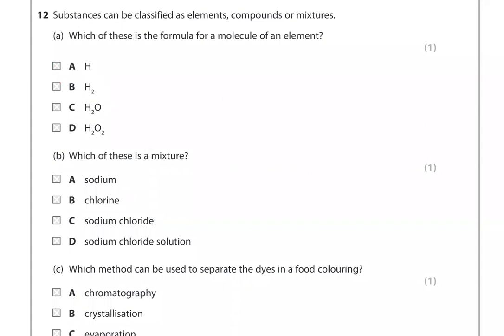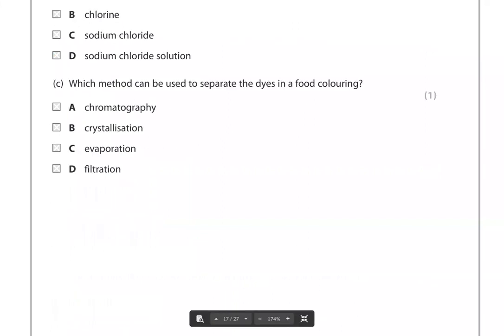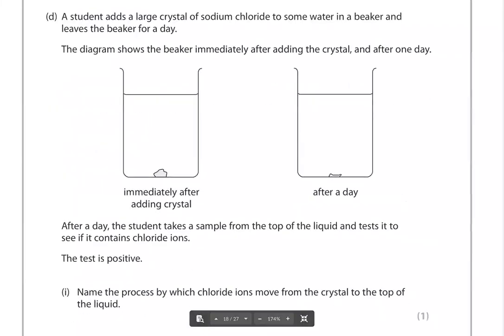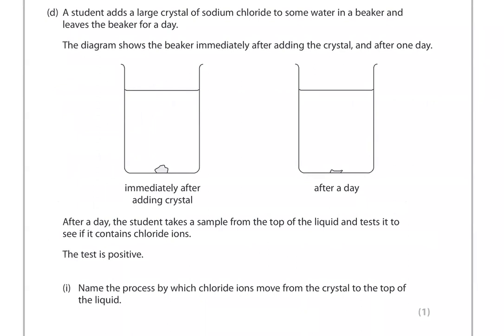Question C. Which method can be used to separate dyes in a food coloring? Chromatography. Question D. A student adds a large crystal of sodium chloride to some water in a beaker and leaves the beaker for a day. The diagram shows the beaker immediately after adding the crystal and after 1 day.